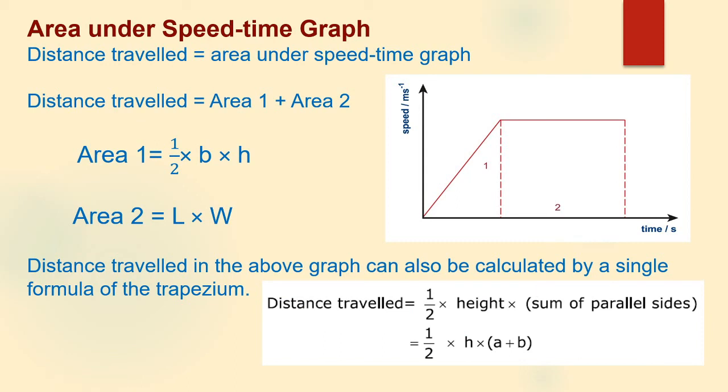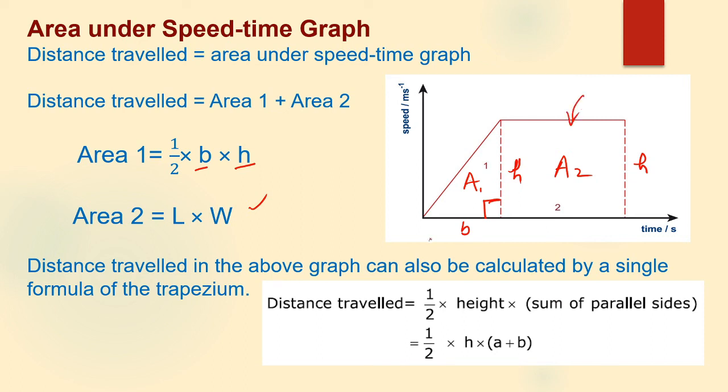So if we decide this area A1 and that's A2, A1 is a right angle triangle, so we are going to use area 1 equals half times the base times the height. So that's the base and that's the height we can take. And the second one looks like a rectangle, so we use length times width, or length times height. Okay, so that's the second formula we can use. Or we can use one formula directly because this shape looks like a trapezium.